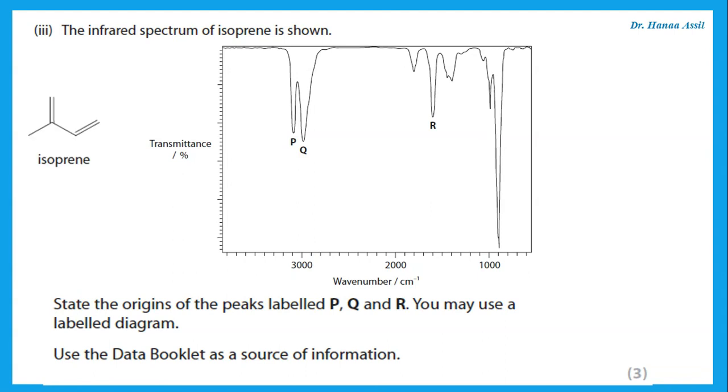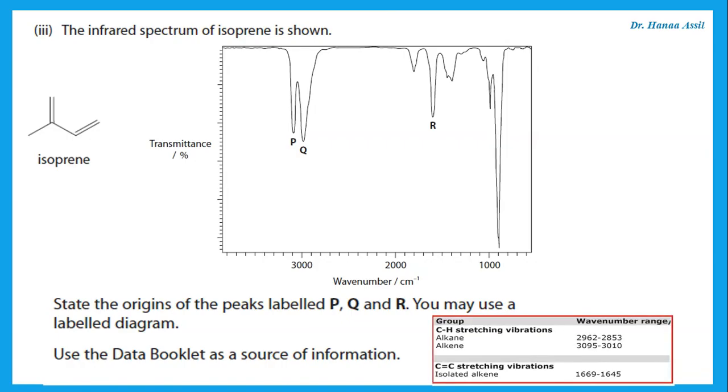Of course, this is the isoprene, so we go to the data booklet and we look at how this compound gives these peaks. You will find from the data booklet that there is a peak for the C-H part at 2962, so that would be the Q. Q is C-H of the alkane, and we have a C-H of alkene at 3095, for example, so that other peak on the left is for the C-H of an alkene.